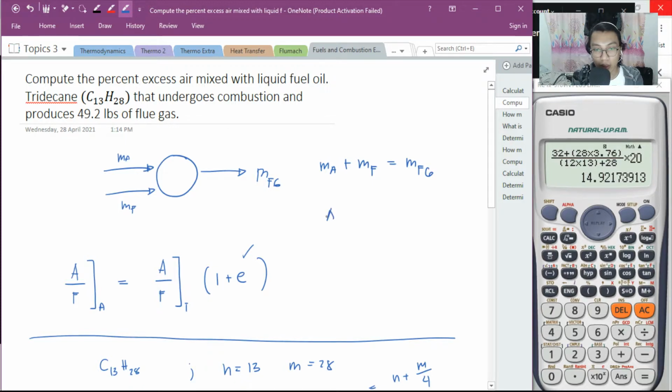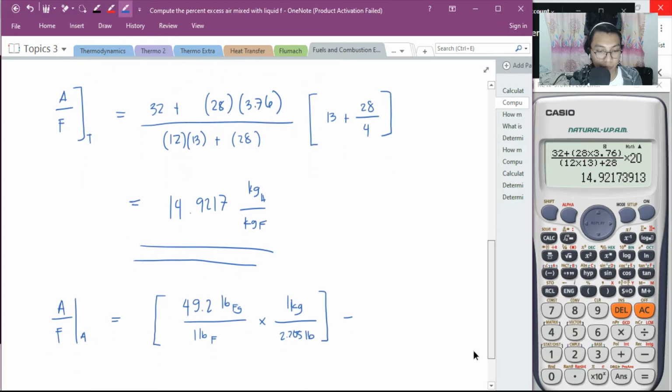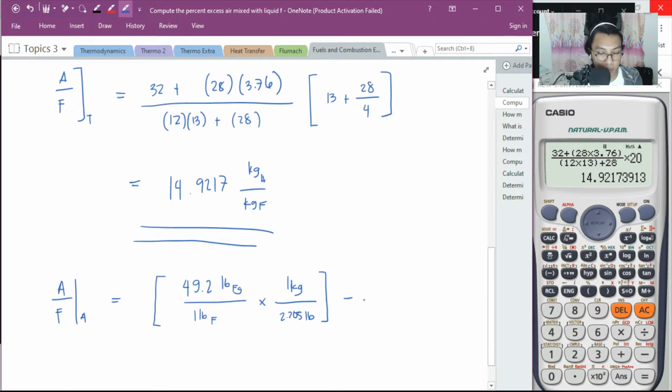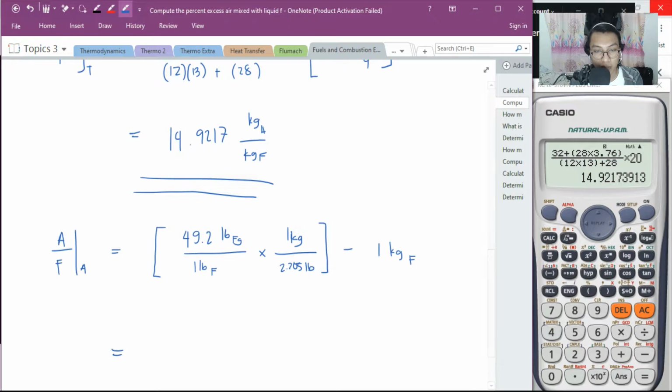Yung air fuel actual is equal to mass ng flue gas minus mass ng fuel. Ganun lang kadali. 2.205 minus 1 kilogram ng fuel. Makuha mo na yan.